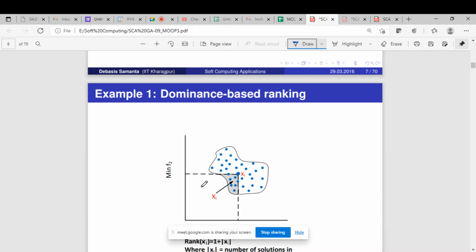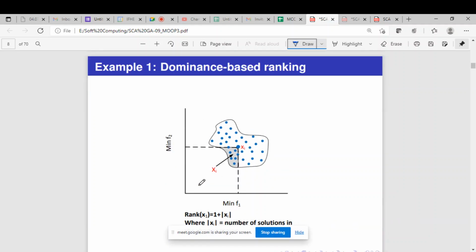Here is an example. Say this is an objective function based on two functions f1 and f2, and we want to minimize both f1 and f2. Now say I want to find the rank of this particular individual.